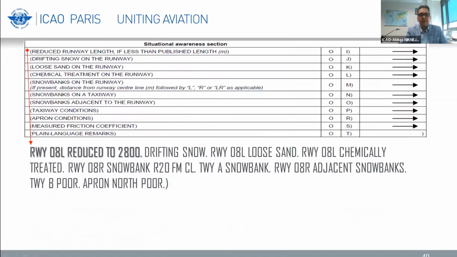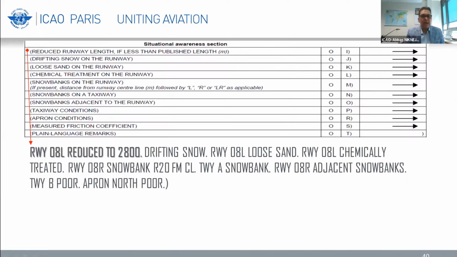The first one is item I, reduced runway length. If, as a consequence of runway condition or treatment or clearing of the runway, like there are snowbanks in a corner of the runway or at the end of the runway, the runway length is reduced for that reason, this information will be inserted in item I with the runway designator.